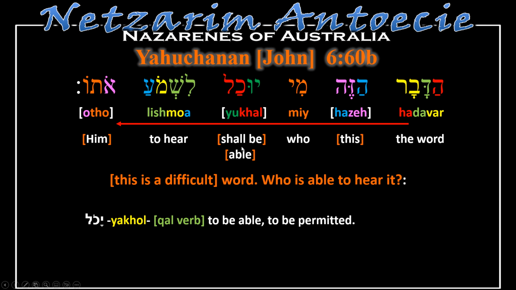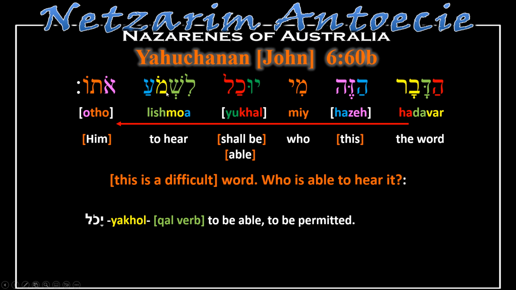Yukal, meaning shall be able. And its root is yakal, which is a kal verb, to be able, to be permitted, right? Now, why is there no yod there? Because they don't generally have two yods in a row. When it's in imperfect form, they change the yod to a vav. Maybe that's why there's the gesh there, but then it becomes yukal.